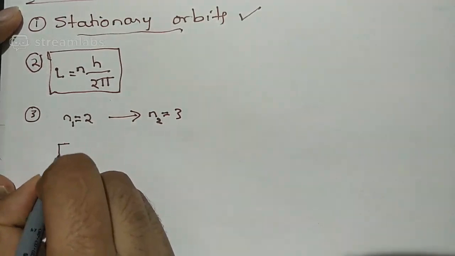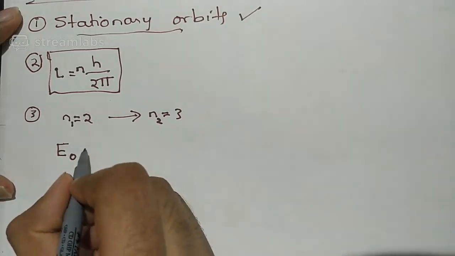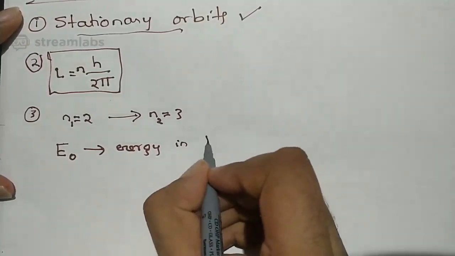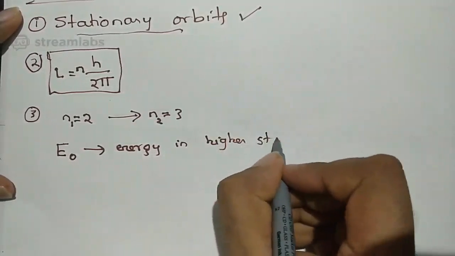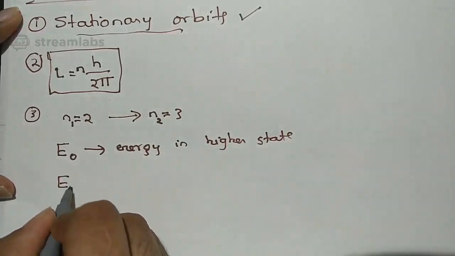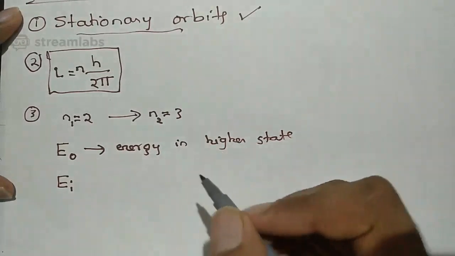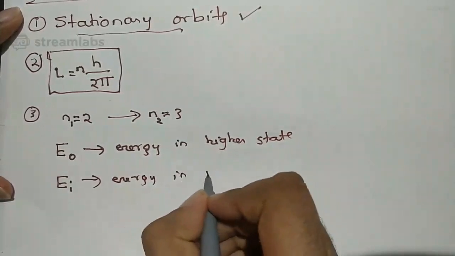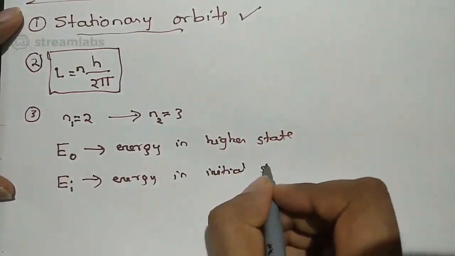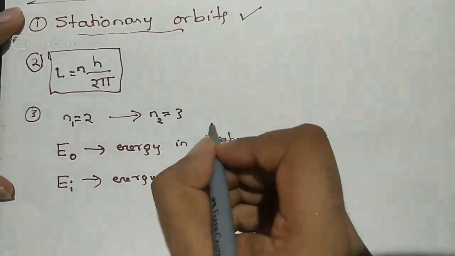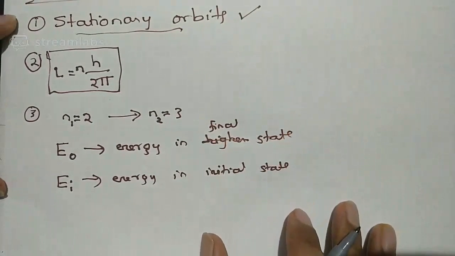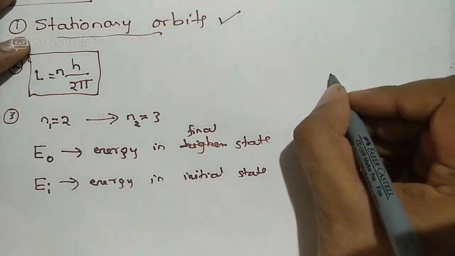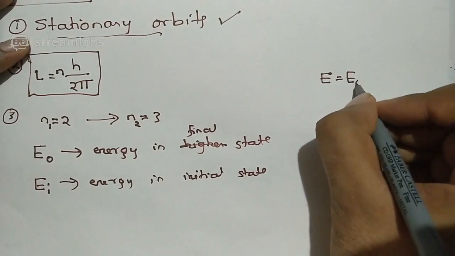Let E naught be the energy in the higher state, and EI the energy in the initial state, and E naught the energy of the final state, in the notation you can follow anyhow. Then the electron jumps from the initial state to the final state, and it emits an energy E, which is equal to E naught minus EI.